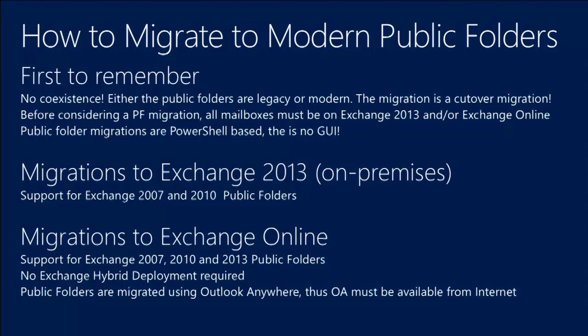There's no requirement for hybrid deployment. Yeah, so you just need to make sure Outlook Anywhere is available in order to migrate public folders. Yeah, so for those of you that are thinking of migrating to Exchange Online, you don't need a hybrid for doing public folder migrations.